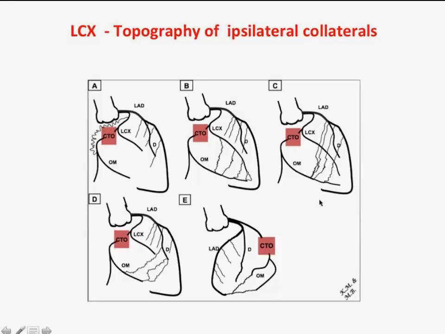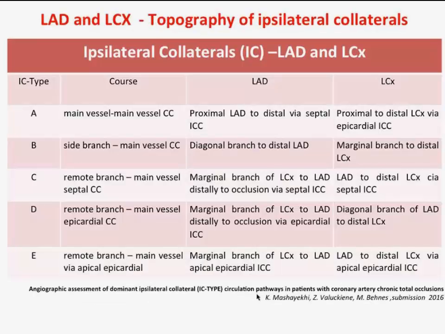And again, in a left dominant system, from the LAD to the distal circumflex over septal collateral connections, and from the diagonal to the marginal branches to the distal circumflex, also epicardial connections, or from the LAD apex to the obtuse marginal branches. So that is the schema which we found out.